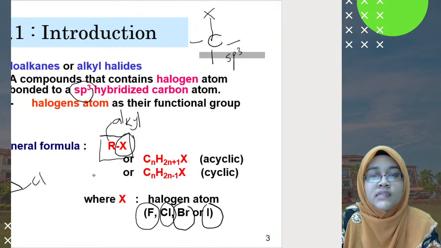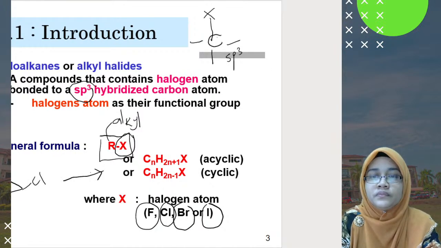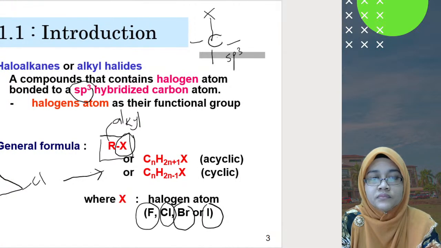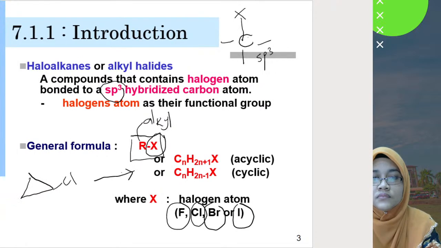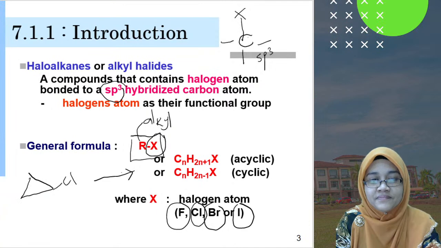Example. So this is a cyclic molecule. Okay. This is a cyclic molecule.